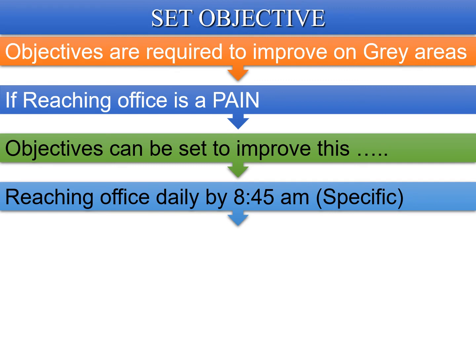Now what is required is you have to reach office on time. So if your office timing is say around 8:45, that means your target should be to reach office by 8:45. In the absence of any data, like what time you are normally reaching at, you can say that the start time should be your target time, and you are setting your objective as reaching office daily by 8:45 a.m., which is a specific time frame you have given.